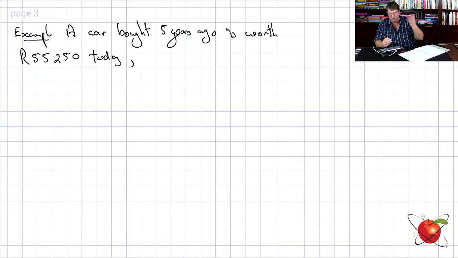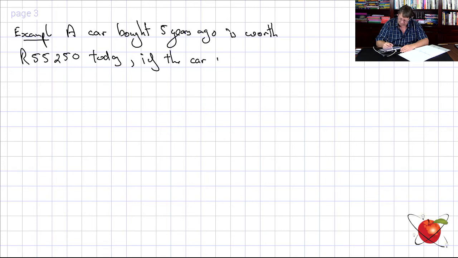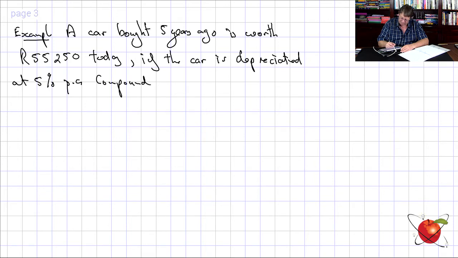Okay, of course, sports cars, classic cars, things like that, of course they're assets, right? And if the car is depreciated at 5% per annum, compounded daily, calculate the original price.